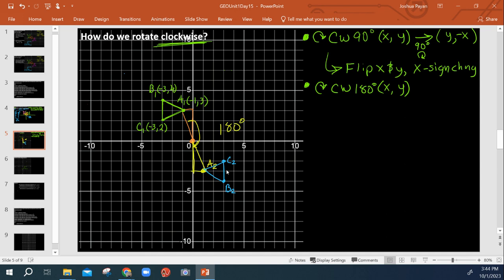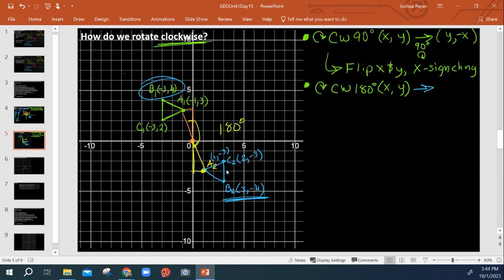So let's look at the pattern. A2, now I'm at 1 by negative 3. C2, now I'm at 2 by negative 3. And B2, now I'm at 3 by negative 4. So what did happen? It's pretty obvious when you look just at the B's alone. I had nothing flip.